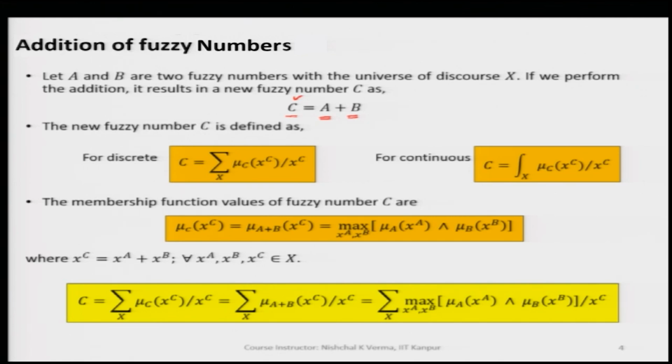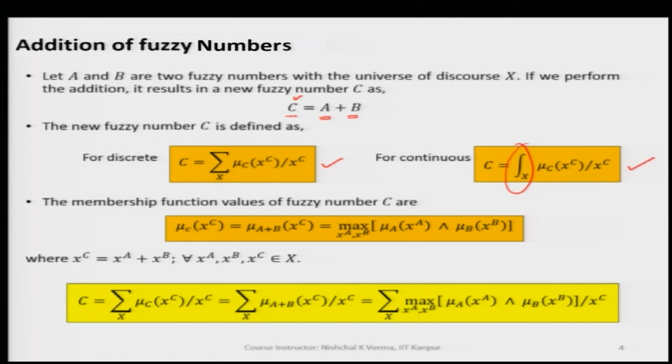If the resultant is a discrete fuzzy set, we will represent this fuzzy set C by the summation over the universe of discourse of mu C of x_C over x_C, where x_C is the generic variable values coming from the resultant fuzzy set C. We can also call C a fuzzy number, because when we add two fuzzy numbers A and B, we get another fuzzy number C. When the resultant is a continuous fuzzy set C, we replace the summation by the integration sign, as we already know that in the representation of a continuous fuzzy set, we represent the fuzzy set like this.